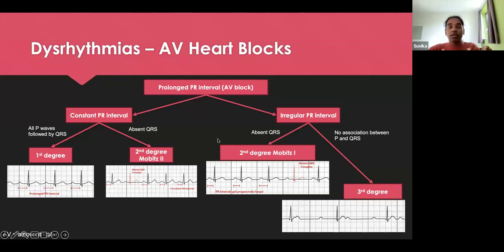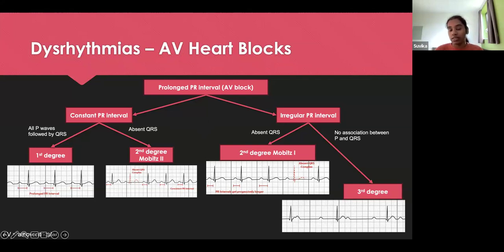So it might be 3 small squares, 4 small squares, 5 small squares, and so on. It gets longer and longer until eventually your QRS complex drops, it disappears, and then it restarts the cycle. Short PR interval, medium PR interval, long PR interval, drop. That is second degree type 1.